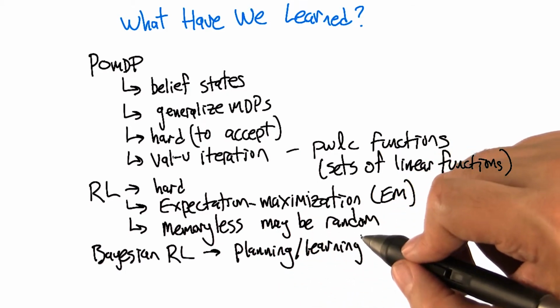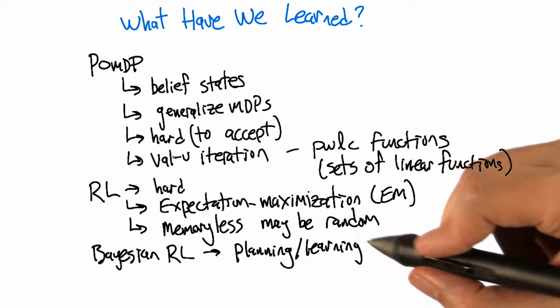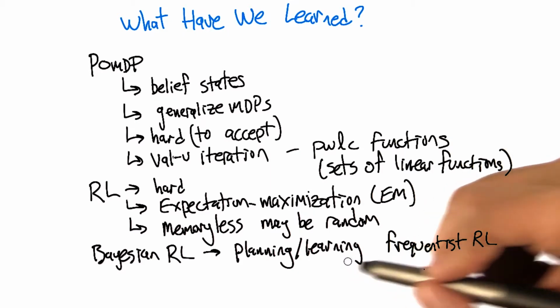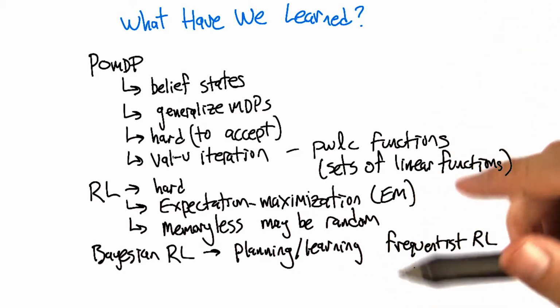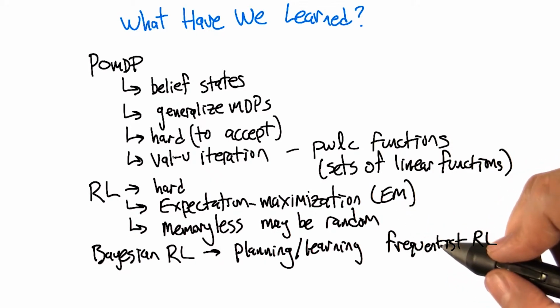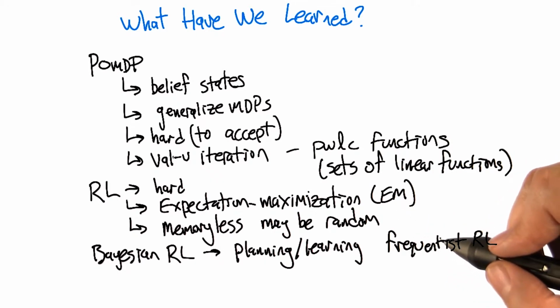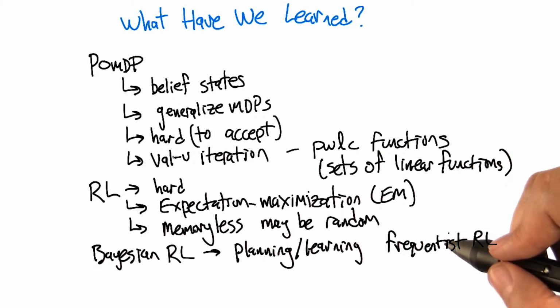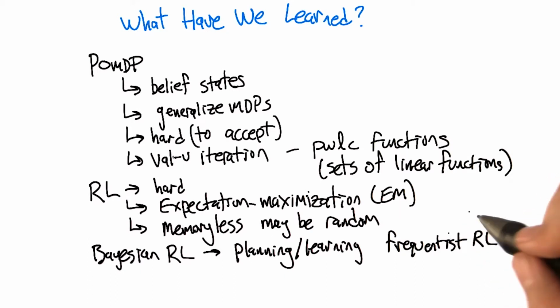Speaking of which, if we have Bayesian RL, do we have frequentist RL? Well, sure. Bayesian and frequentist are rivals in a sense, so anything that's not Bayesian is maybe frequentist. So all the other reinforcement learning that we did, like Q-learning and whatnot, has a frequentist flavor, in that frequentist statistics is about counting up how many times something happens divided by the number of times you asked.